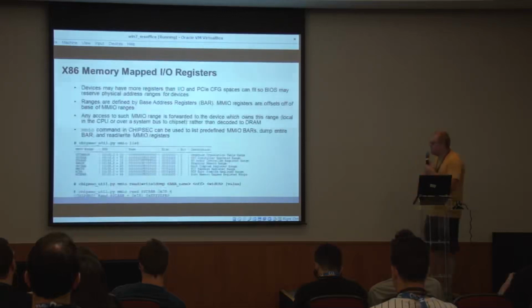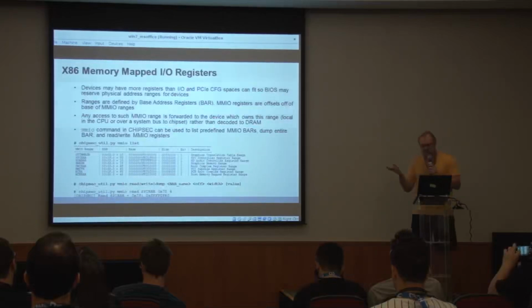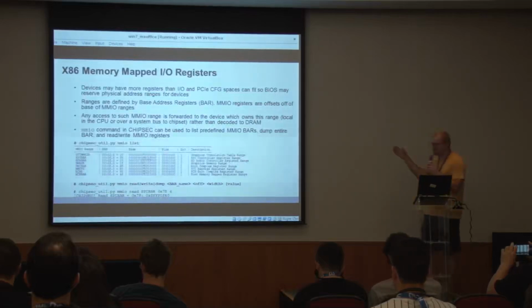If we enumerate all of the MMIO BARs, where an MMIO BAR is basically a register defined in the MMIO range, we will find a bunch of ranges. Those ranges represent devices in the system.